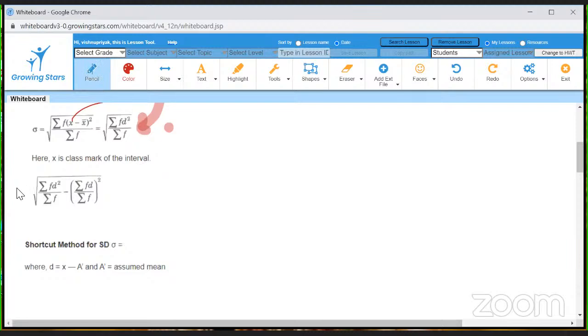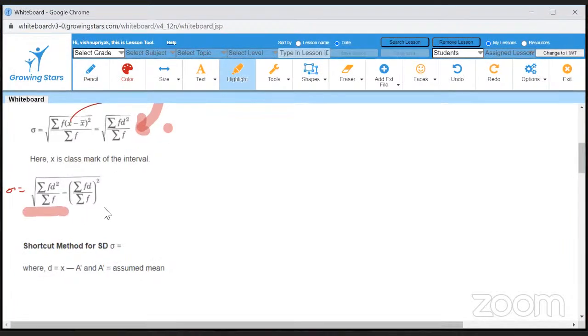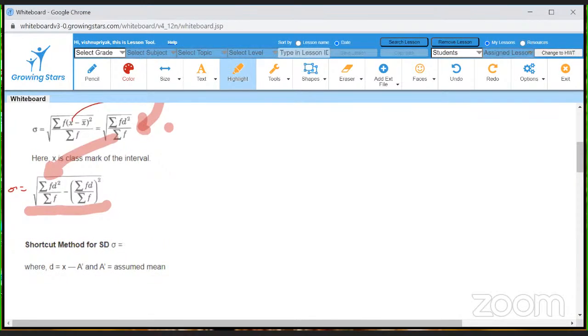When the numbers are very big, you will use this formula. Square root of sigma f d square by sigma f minus sigma f d by sigma f whole square.